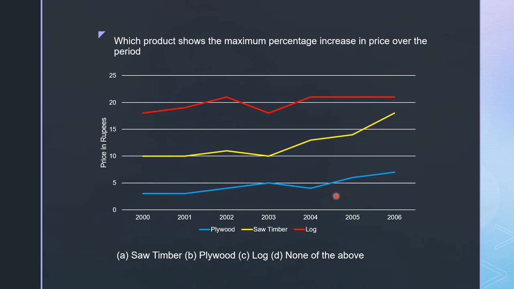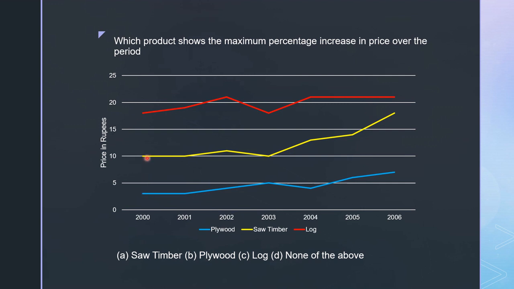So how can we calculate the percentage increment? That is final value minus initial value divided by initial value. So 7 minus 3 divided by 3 into 100, and we get the percentage value.